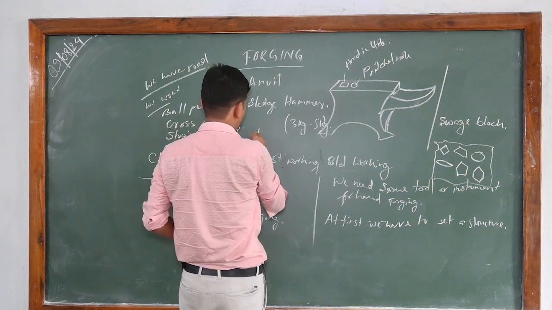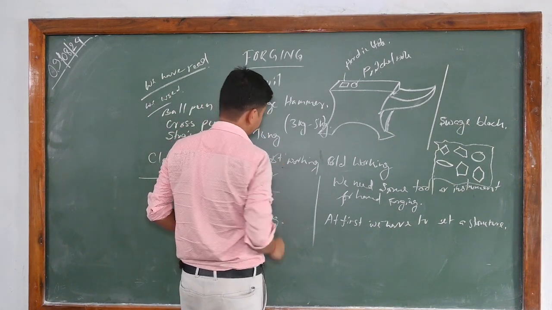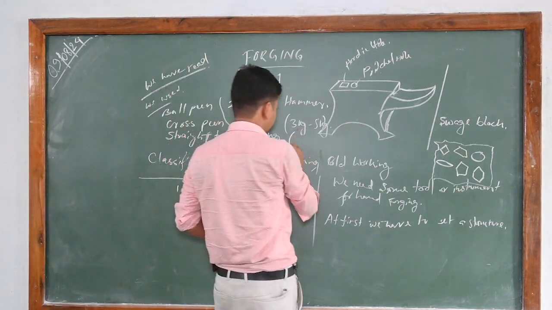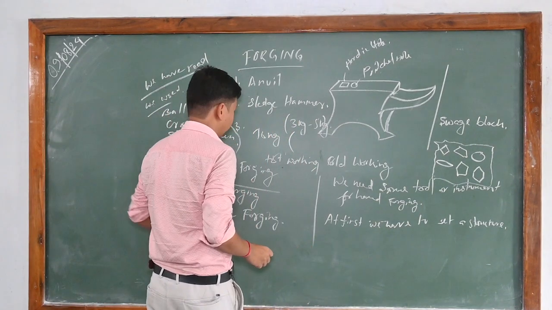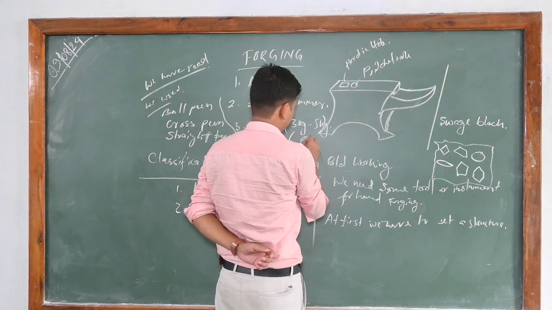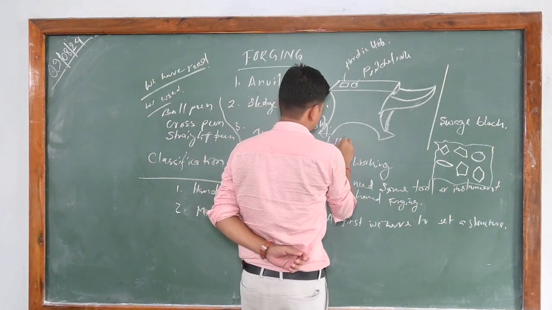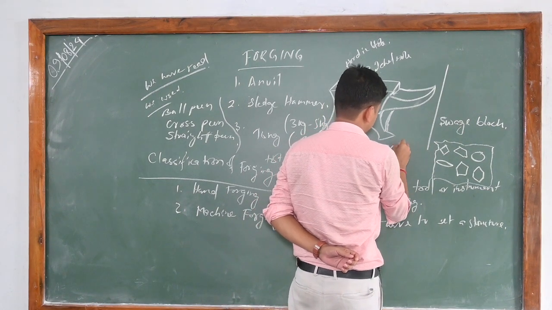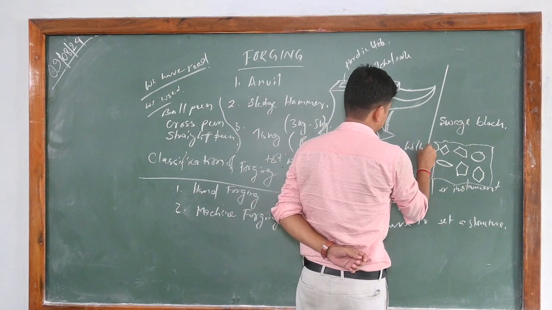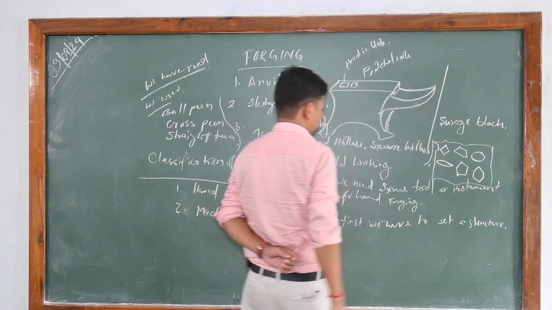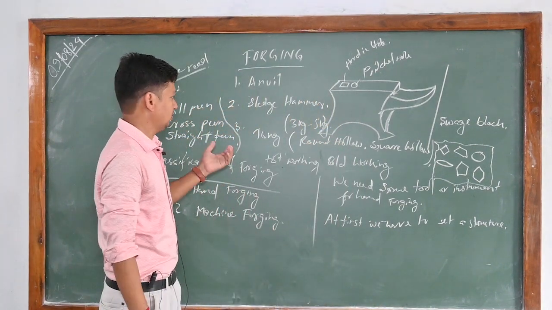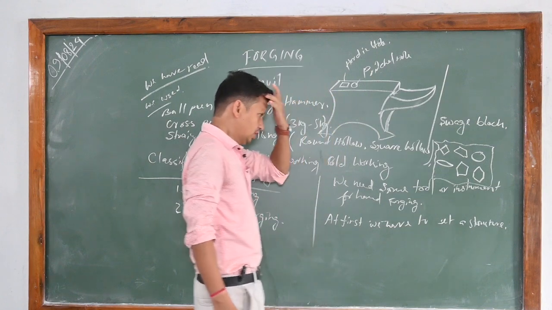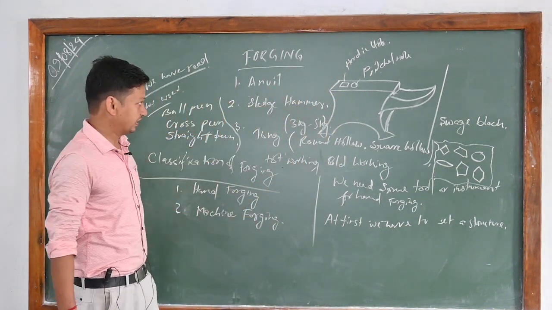After that, we need some tongs to hold the hot metal. The tongs are classified as round hollow tong, square hollow tong. Sometimes they are helpful for holding or sometimes they are helpful for hitting also.